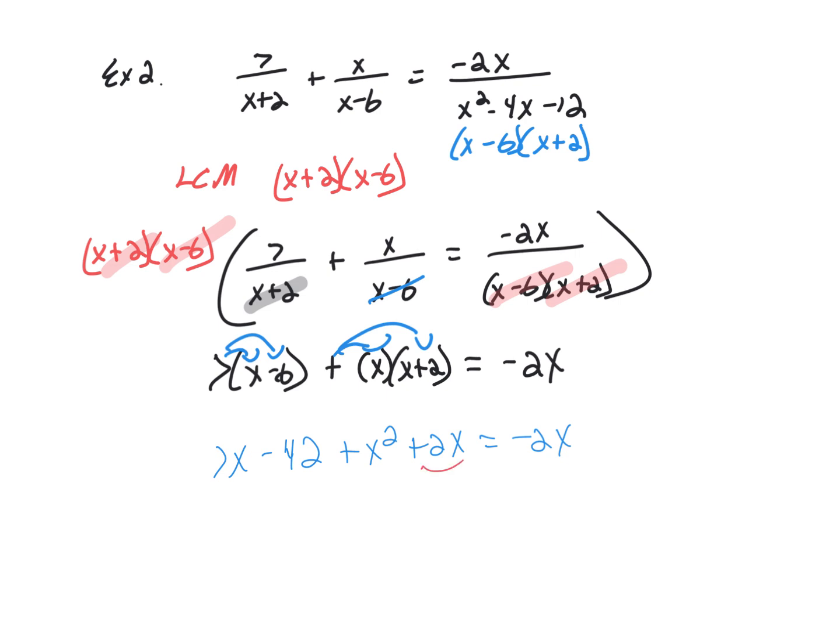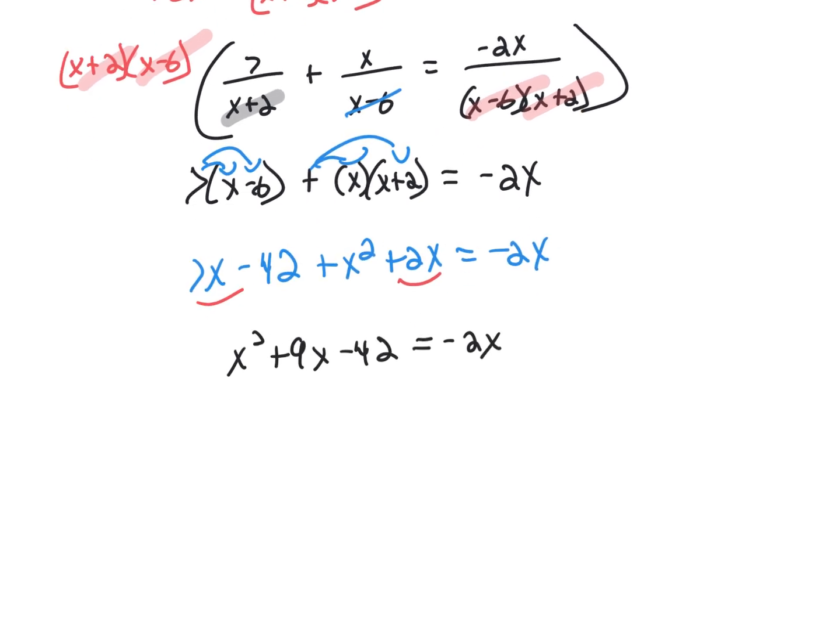So at this point, we will combine our like terms here and go ahead and write it in the correct descending order. So we'll have x squared plus 9x minus 42 equals negative 2x.